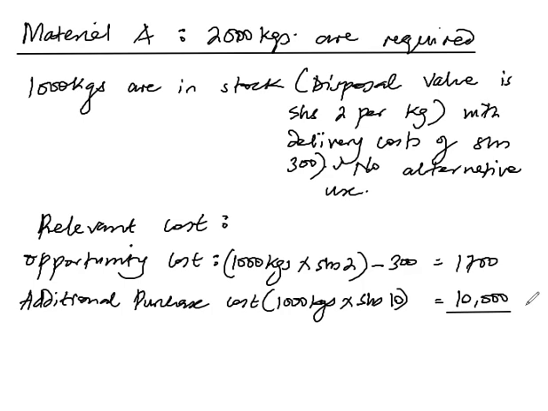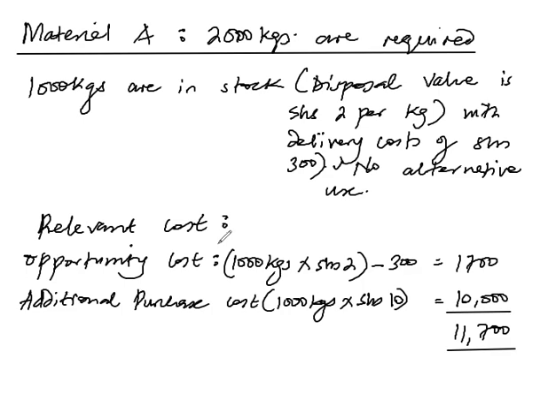Therefore, the relevant cost for material A for this special contract is 11,700. That's what you should include in the minimum tender price quotation. But we have seen that Mr. Smith included shillings 20,000 for material A, so that is wrong.